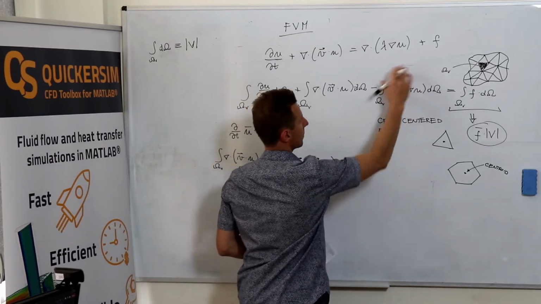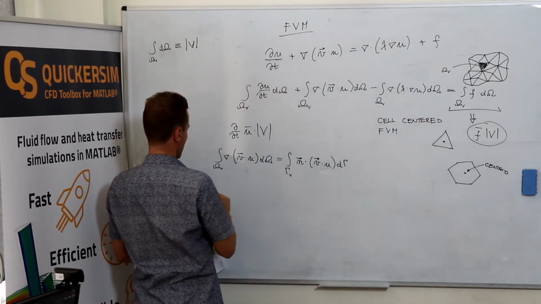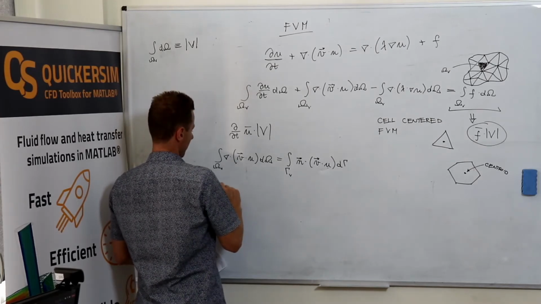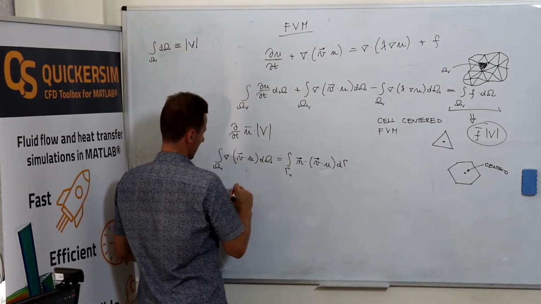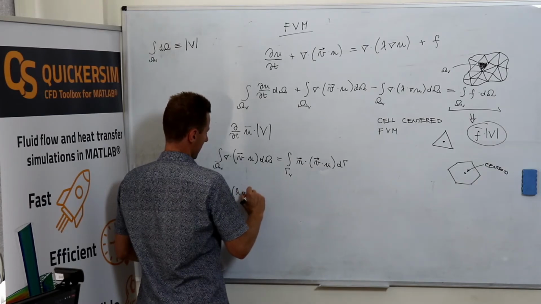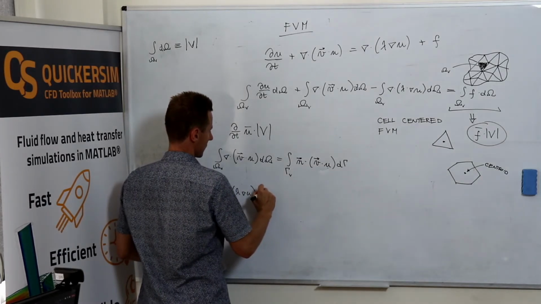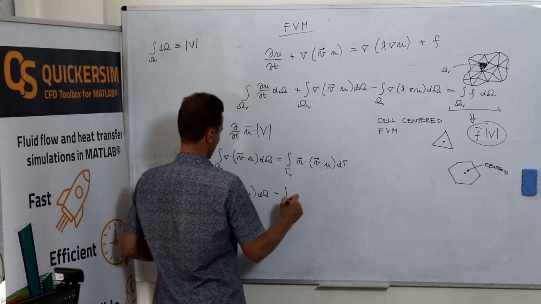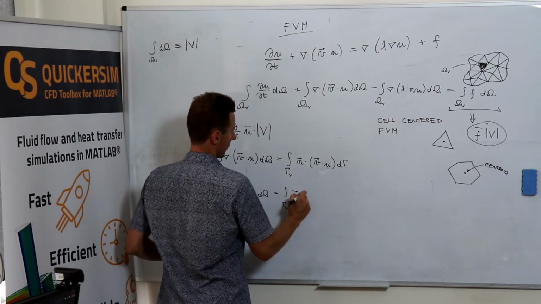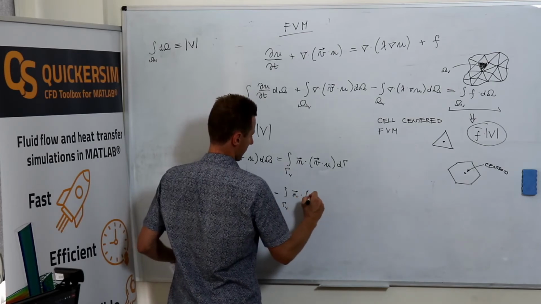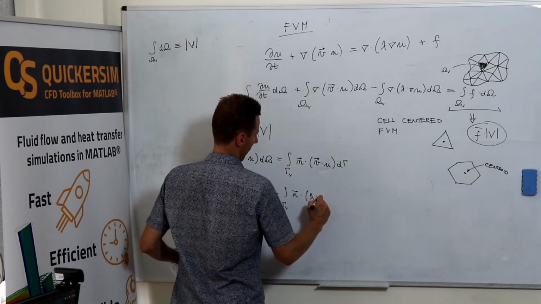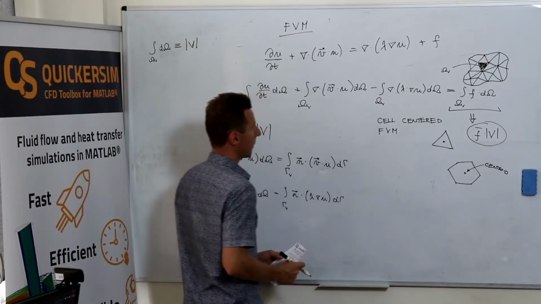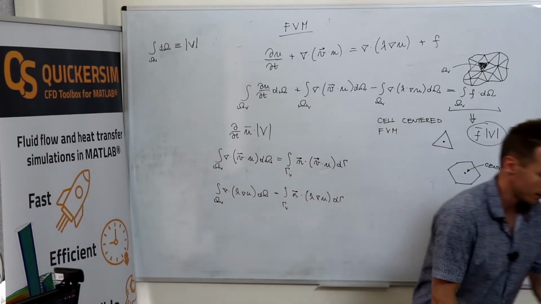And if we apply the Gaussian theorem for this one, then the integral can be expressed as the boundary integral of the unit normal vector times lambda times the gradient of u d gamma.